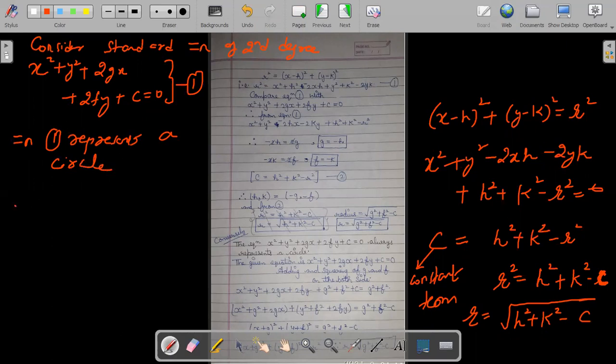So you see what is given to us. Let us group the x terms together.